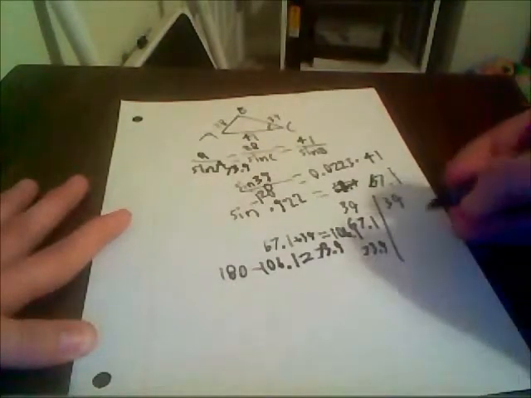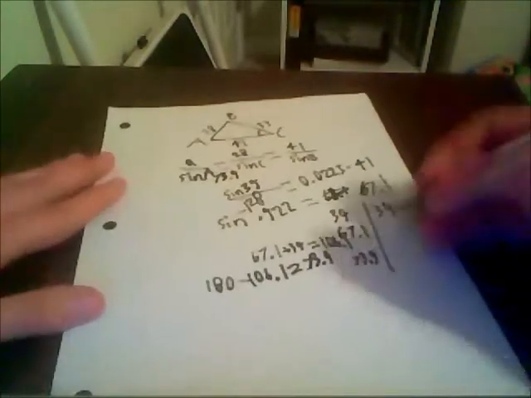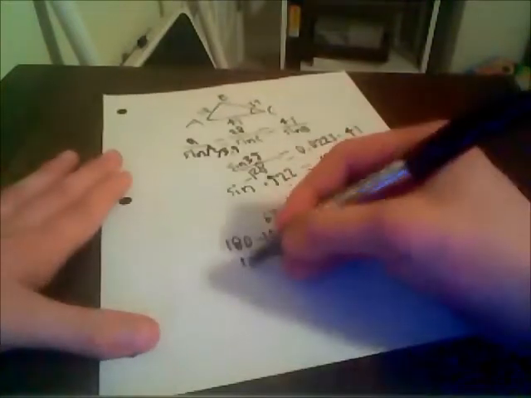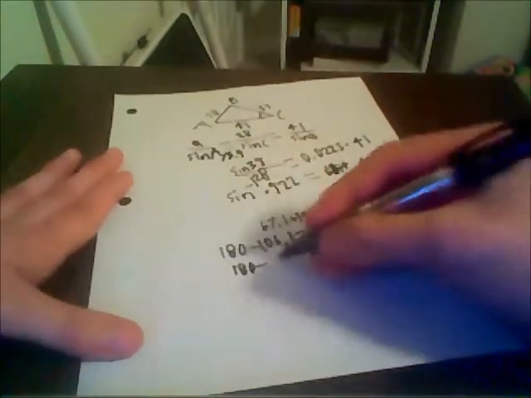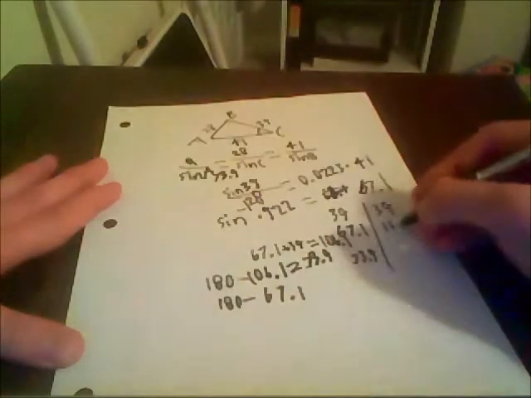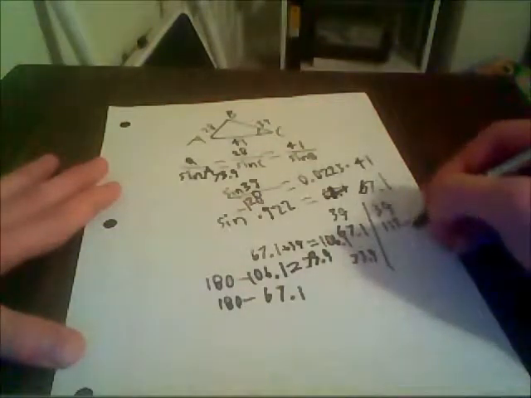But you also find the measures of the second triangle. So the way you do that is you find 180 minus 67.1, which is 112.9.